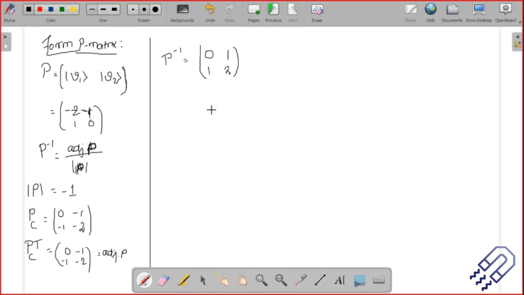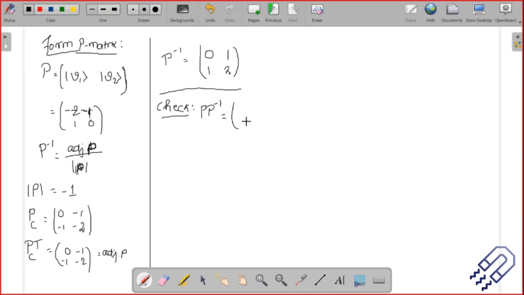0, 1, 1, 2. Okay, so we have got the P inverse now. Now the next thing is actually to check whether we have calculated it correctly or not. This is what I prefer you doing. Don't do it in exam, you actually just do it in rough, so that you are sure at every step that you are getting the correct answer. So you have got the P matrix and P inverse.